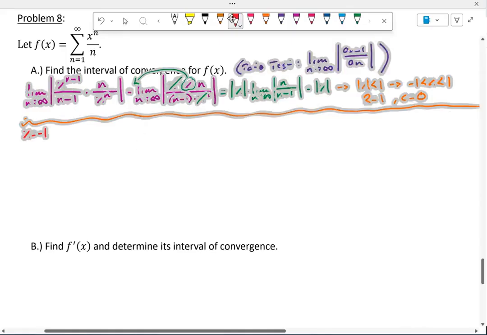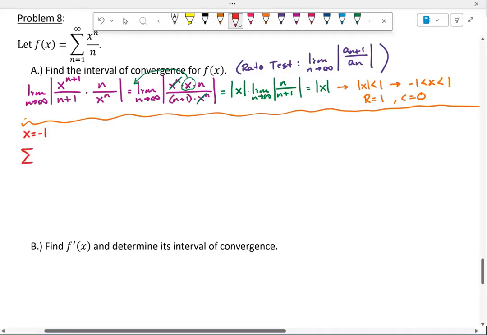So that is going to be the sum, n equals 1 to infinity, of negative 1 to the n over n. What series test would we use?